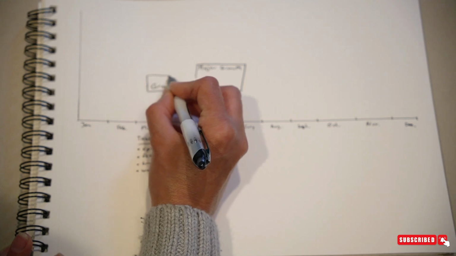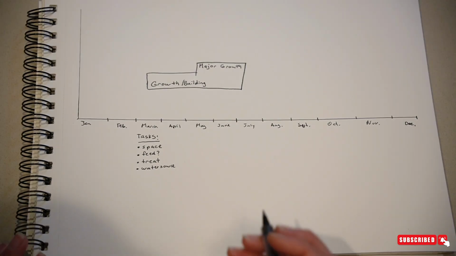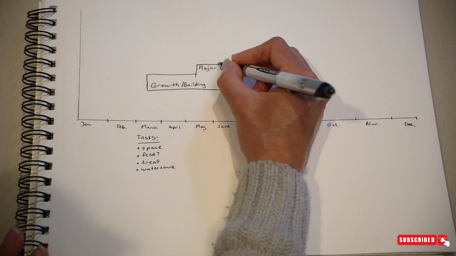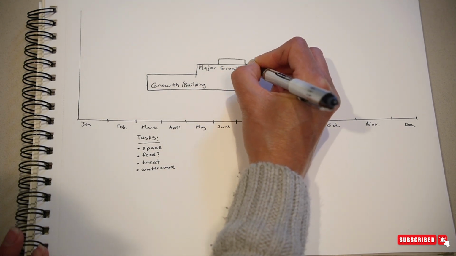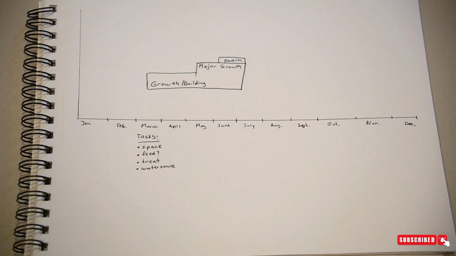I'm going to say the start of my swarm season was probably mid-May. And I'm going to put another mark there. And this is going to be the real, you can get a red marker if you like, make this the hot zone.